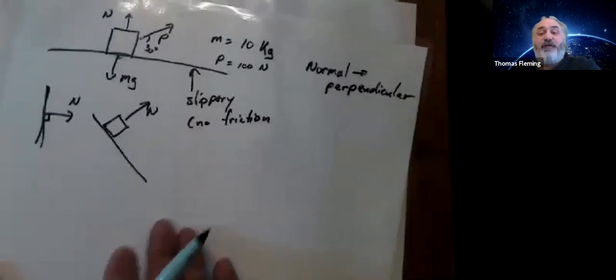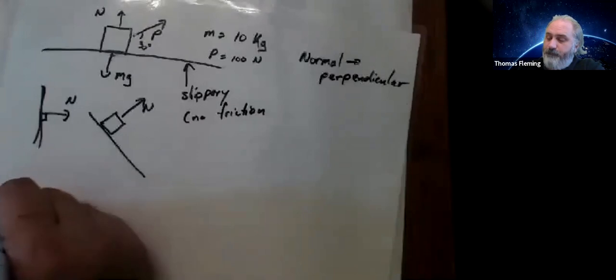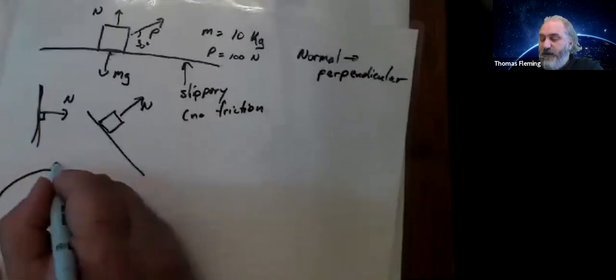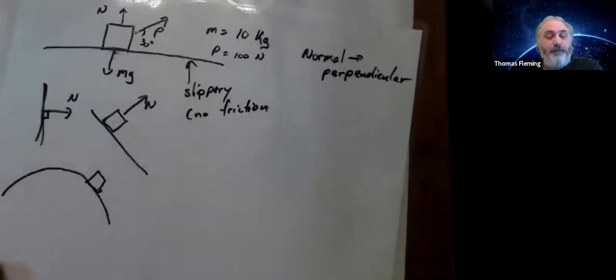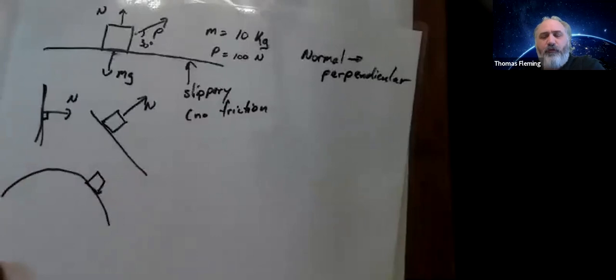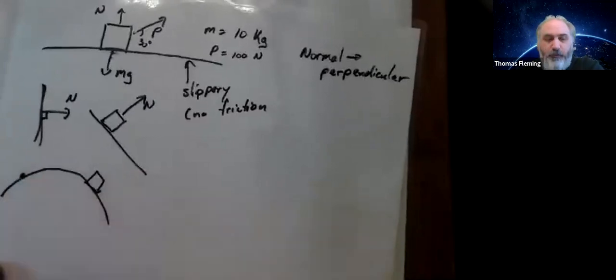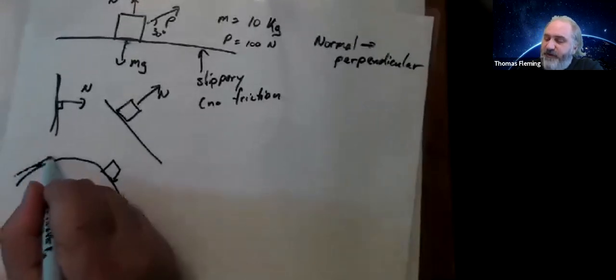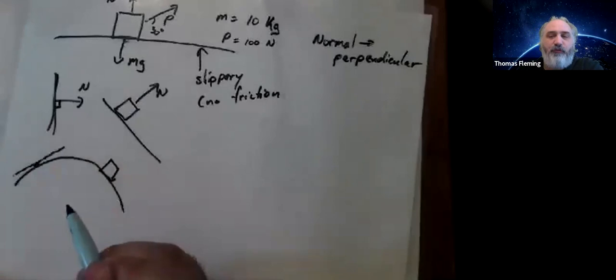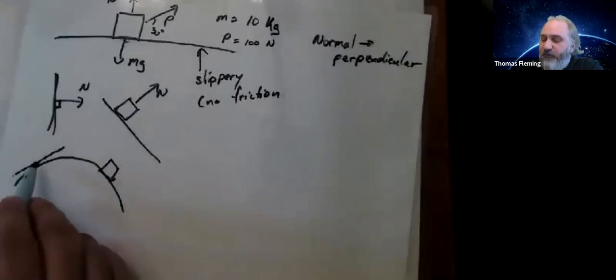What if I was on a curvy surface? I've got a box sitting on a round hill. How do you find the perpendicular to a curvy surface? Well, if I was over here, I would take a tangent line, and I would draw the force from the ground being perpendicular to that tangent line.